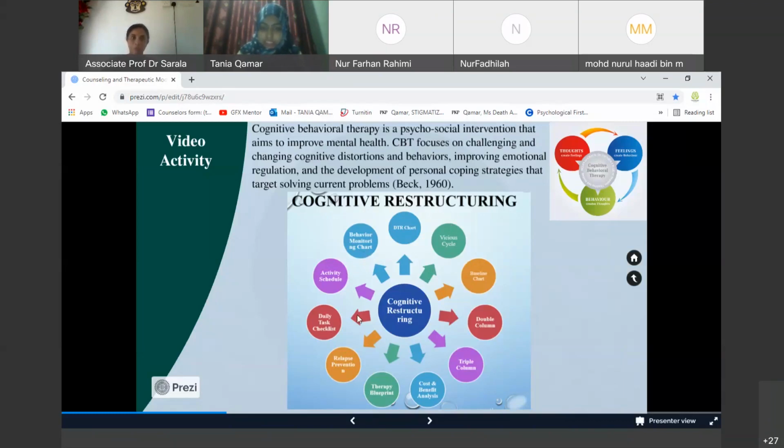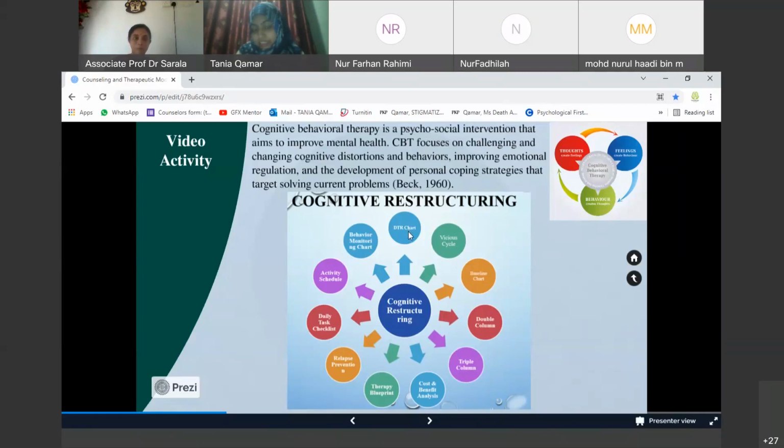We use all these with the patient in initial sessions, and when we complete all these tasks step by step, then we move on to our therapy. We can't give direct therapy to the patient.